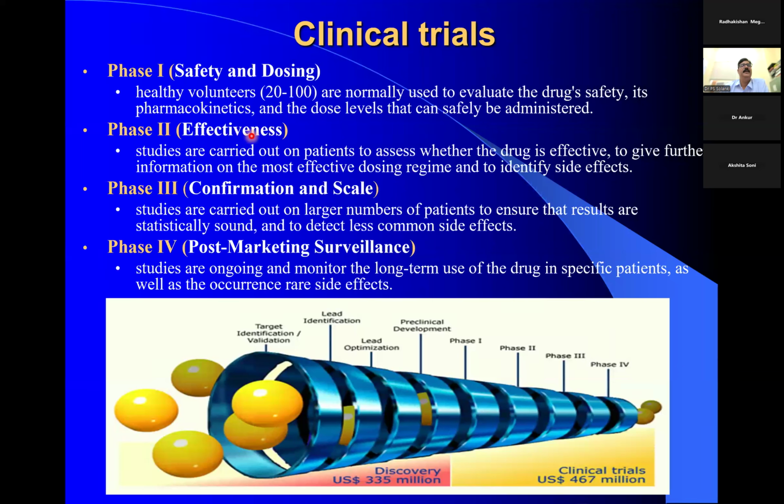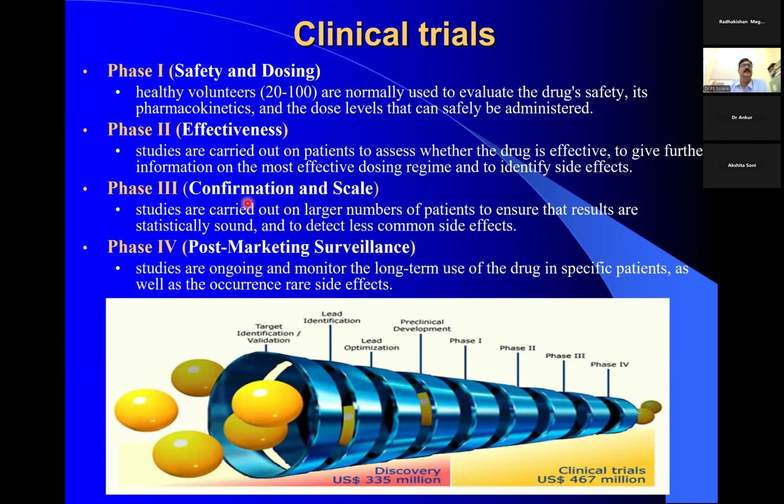Here in phase two, our goal is to assess the drug's effectiveness, that is efficacy, and gather further data on the most effective dose design. The outcome is that it provides early evidence that the drug actually works and helps identify common side effects.